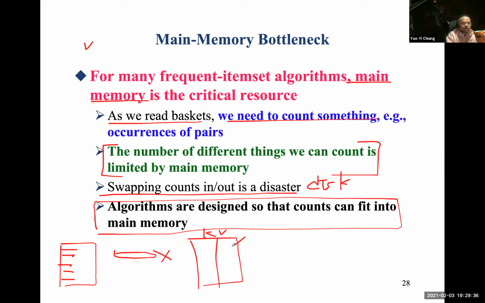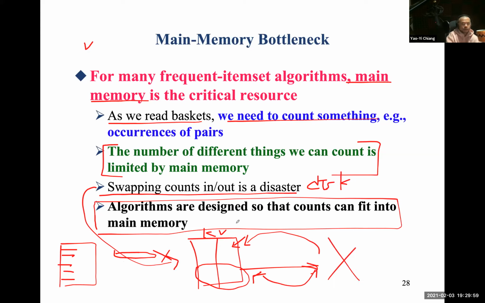This thing will live forever in your memory until you finish counting. And swapping counts means when this becomes too big, you might need to store some of them into your disk and then read them back and then store them back to the disk. And this is very, very time consuming. So we want to avoid this. This means we want to initialize the minimum counters we need to be able to count everything.